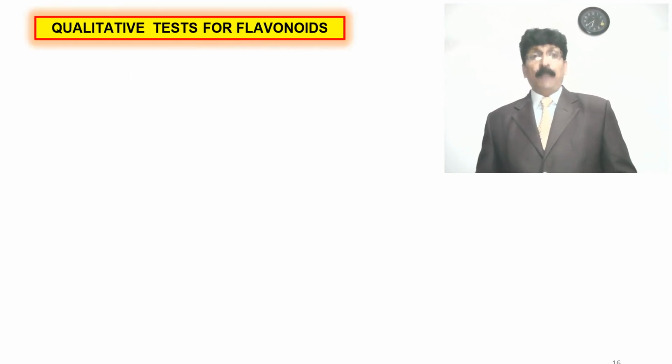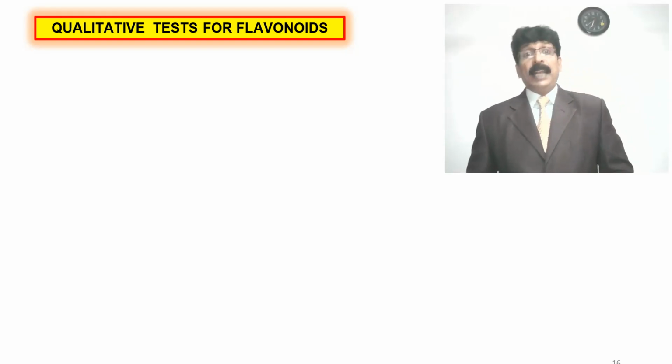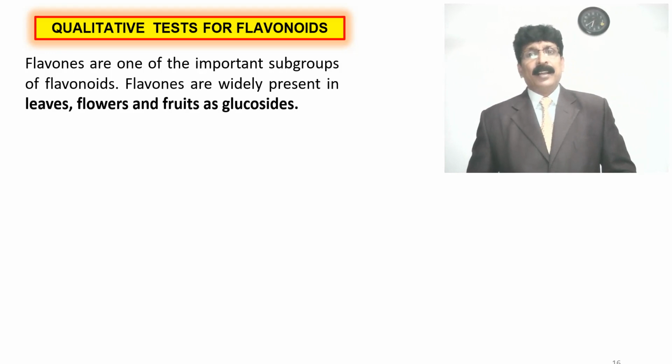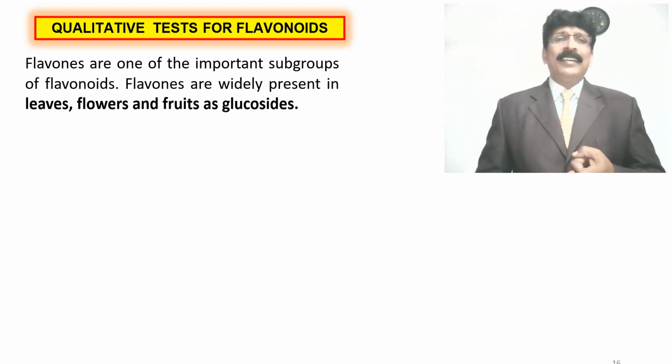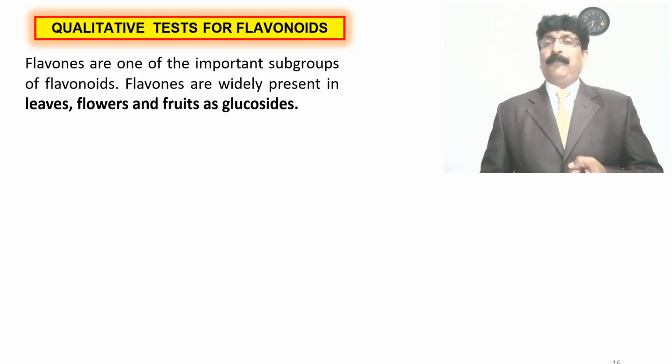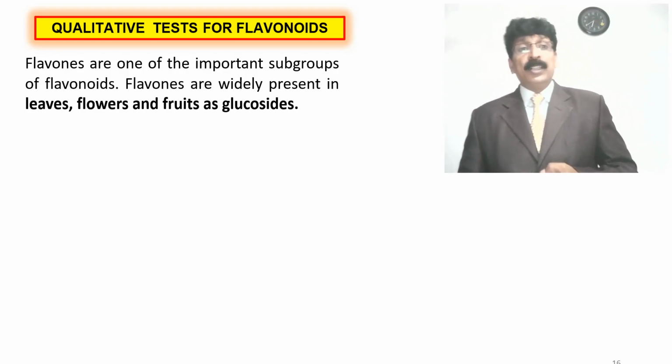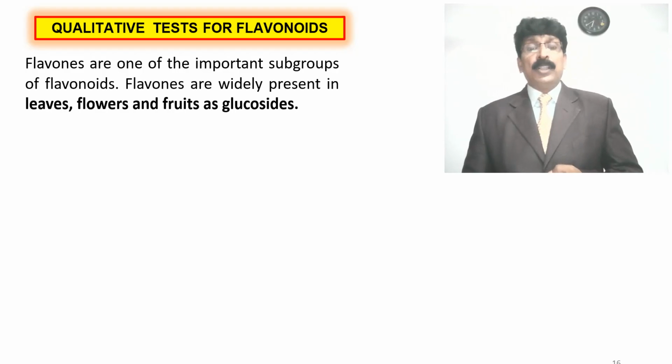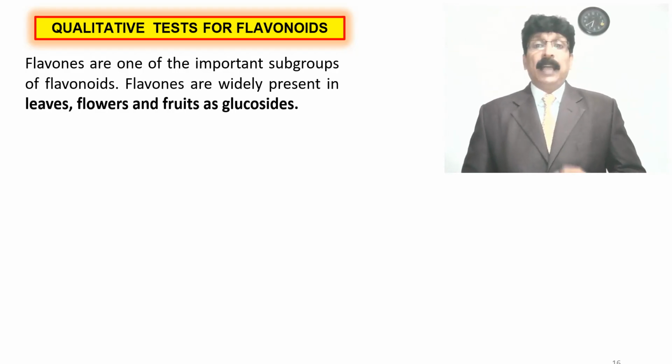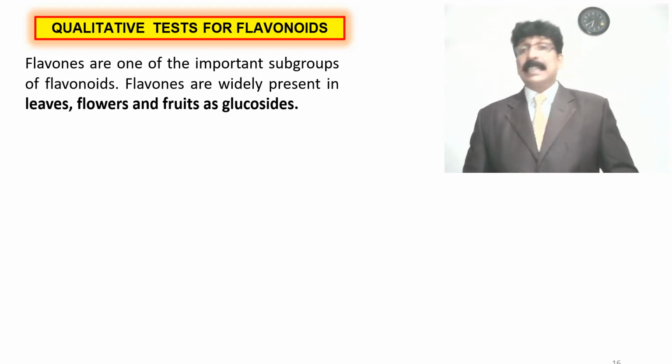Now we come to the flavonoids, which also come under phenolic compounds. Qualitative test for flavonoids. Flavones are one of the important subgroups of flavonoids. Flavonoids are widely present in leaves, flowers, and fruits, and as glycosides.